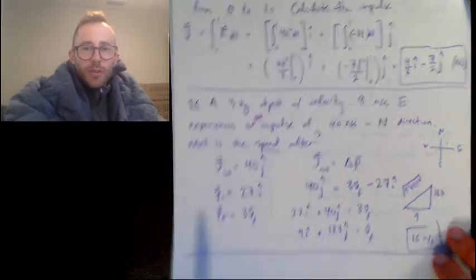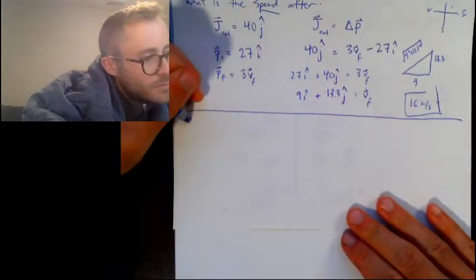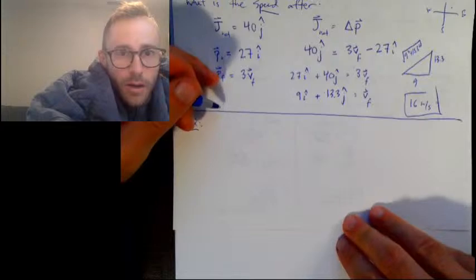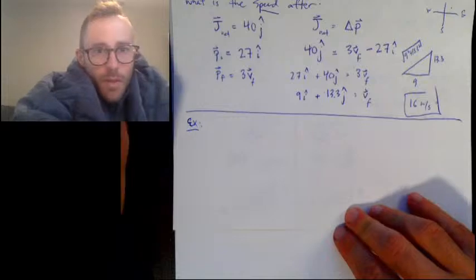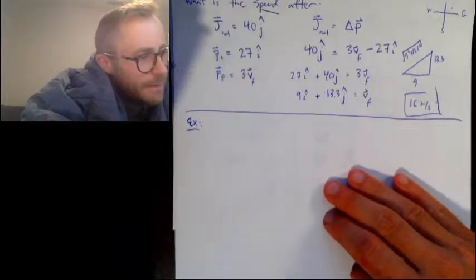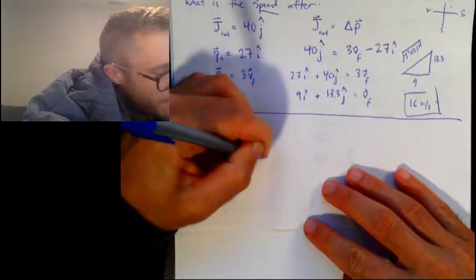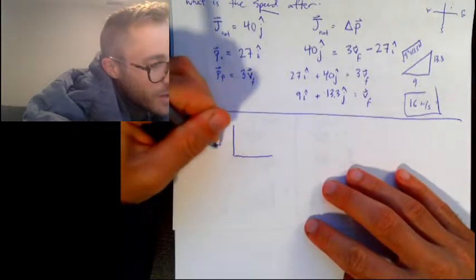Let's do one more example. Let's suppose we have a force-time graph, and this is a net force versus time graph.